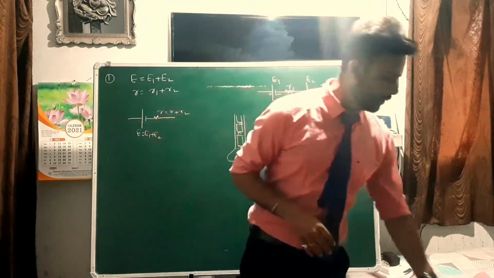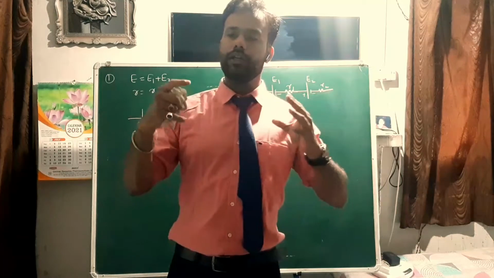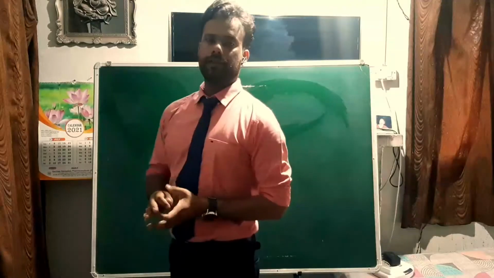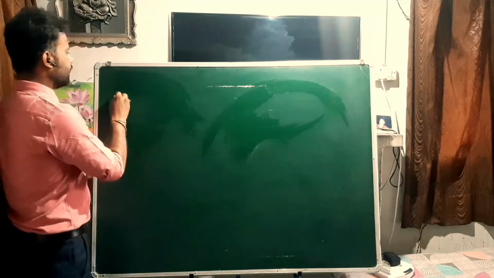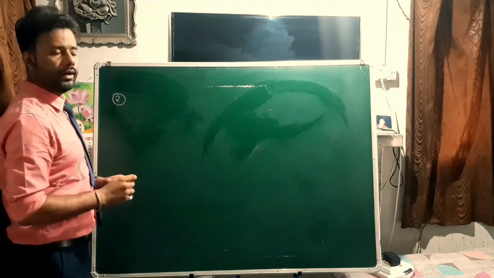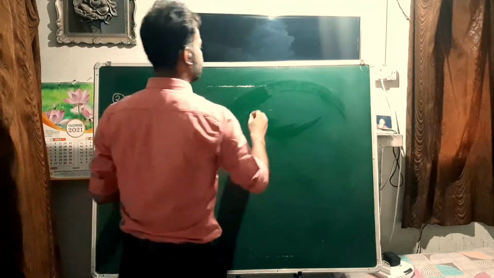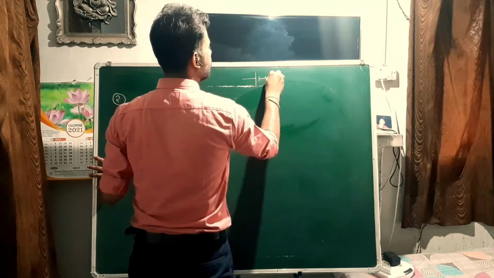Now what happens if the cells are connected opposite to each other? They are opposing each other, right? Let's see. Second case. In the second case, again the cells are connected in series, but now they are opposing each other. How? This is the cell whose EMF is E1, right?